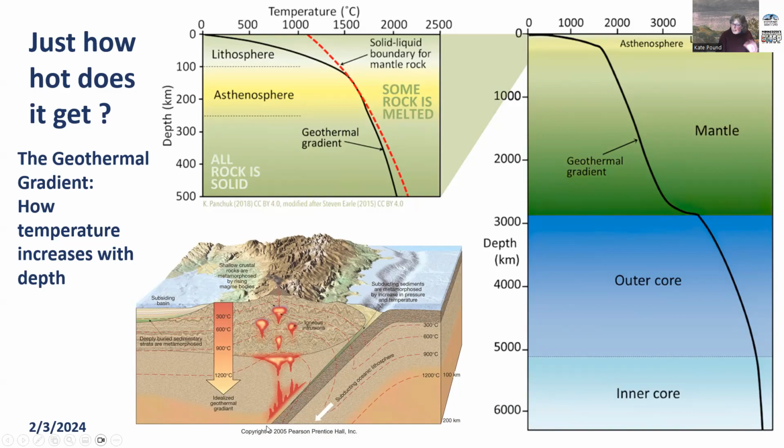What I suggest again is that you may want to pause the video here and look closely at this diagram. What you'll notice is that temperatures, you have to go a little bit deeper to get to 300 degrees. That's this one, or 600.